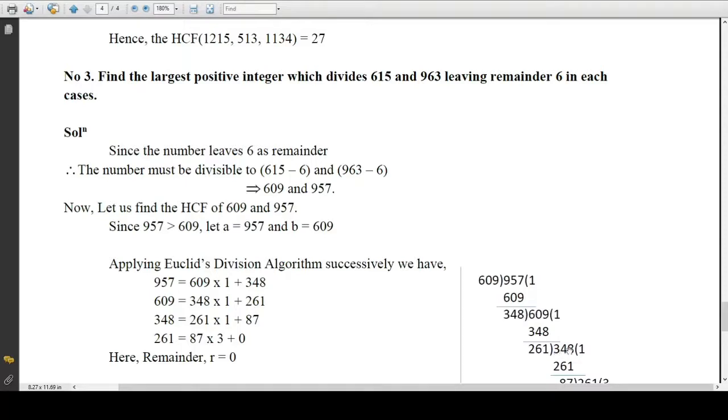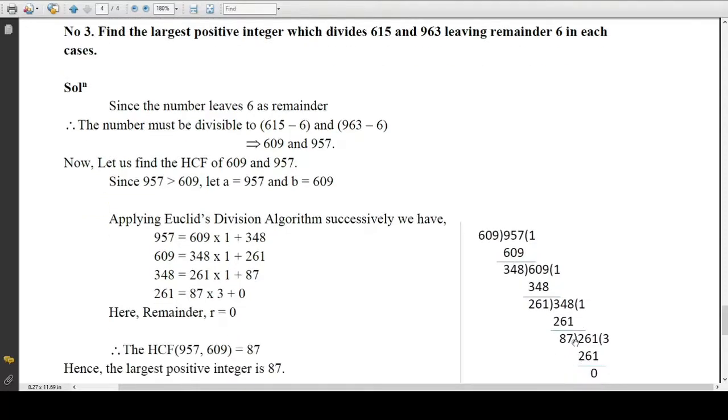Next 348 is equal to 261 multiplied by 1 plus remainder 87, and the last step 261 is equal to 87 multiplied by 3 plus remainder 0. Since the remainder is 0, we stop the algorithm here, and the HCF will be the last divisor, which is 87. Hence the largest positive integer is the HCF of these two, which is 87.